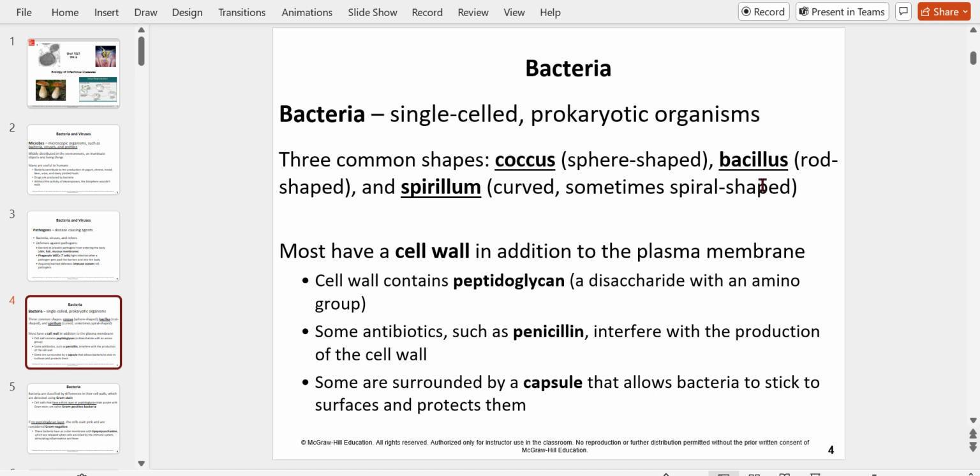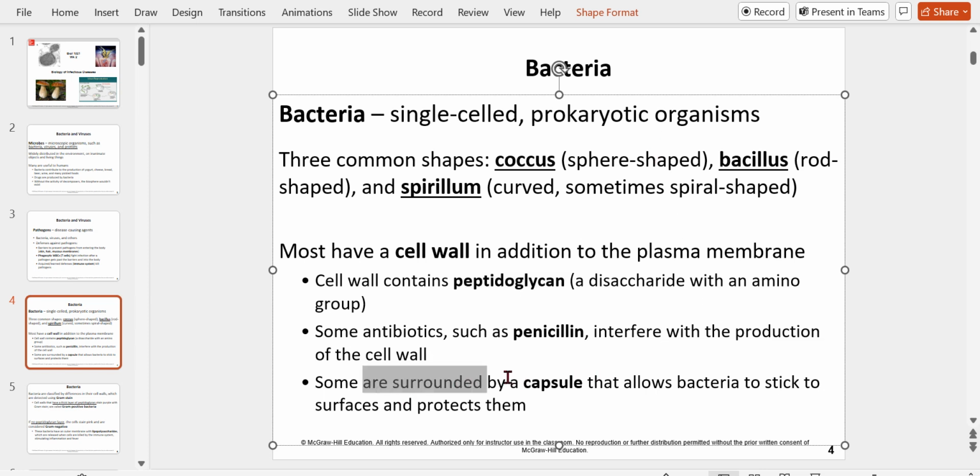The cell walls contain a chemical called peptidoglycan, which is a disaccharide, double sugar, with an amino group. Some antibiotics, such as penicillin, interfere with the production of peptidoglycan. So that's why penicillin is an effective antibiotic, because it destroys the cell walls of bacteria, and then all of their contents spills out.